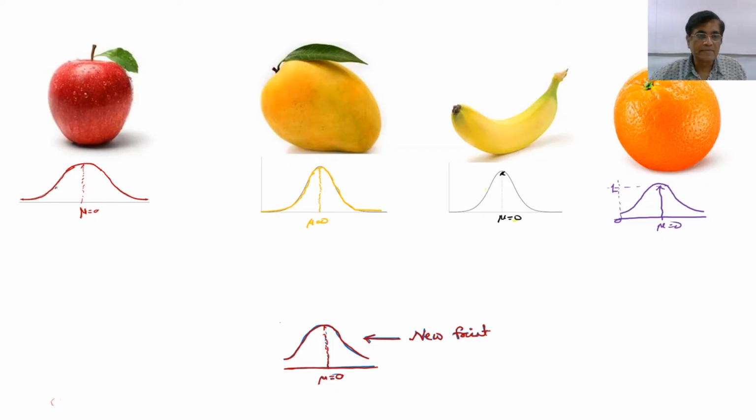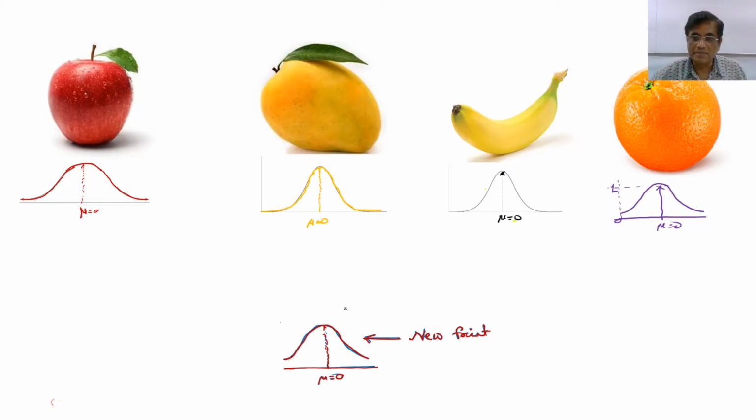The very vital assumption here is that all the features follow a Gaussian distribution, or normal distribution. So this represents apple, this represents mango, this represents banana, this represents orange.